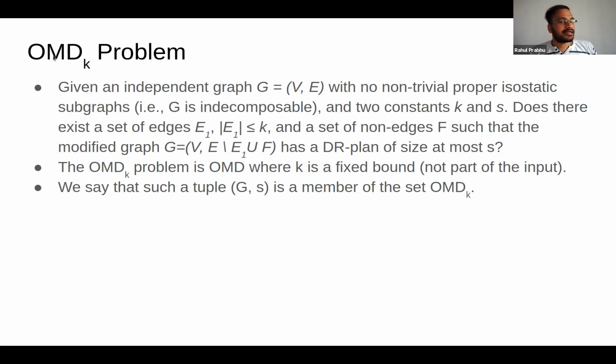So this gives us the idea of the OMDK problem. You're given an independent graph G with no non-trivial proper isostatic subgraph.